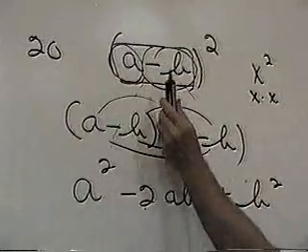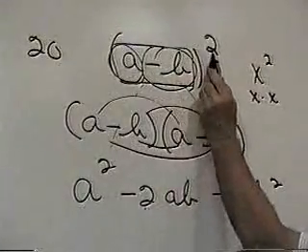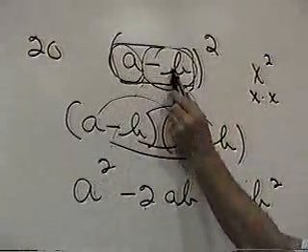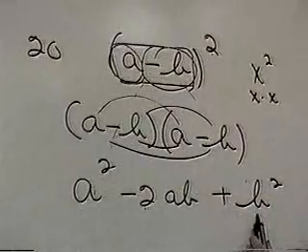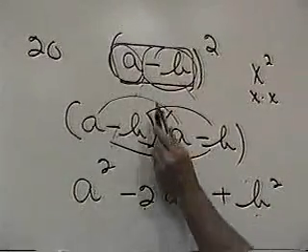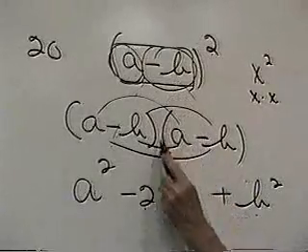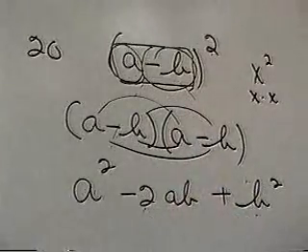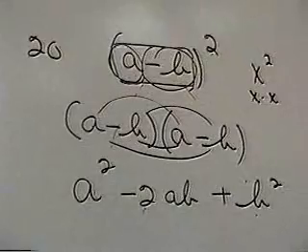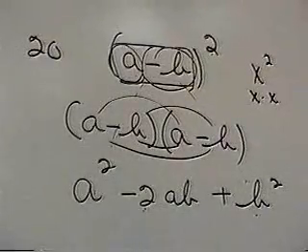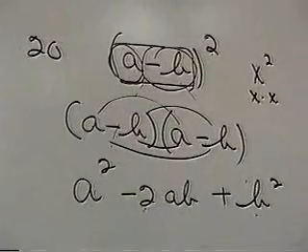Special case, if you have a binomial squared, you can just take the first term and square it, last term and square it, and then the middle term will always be this times this doubled. All right, now what you need to do is to work the example problems that follow these notes.